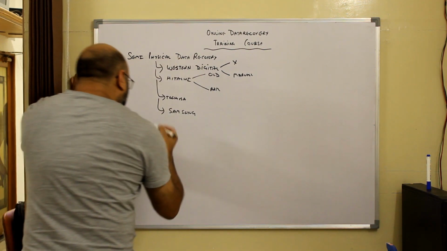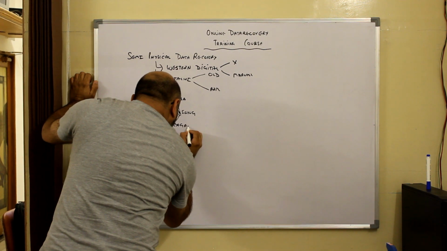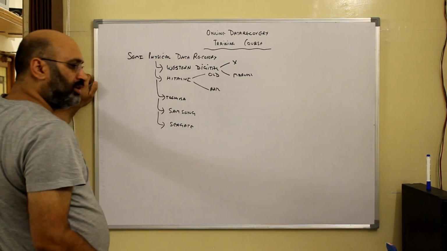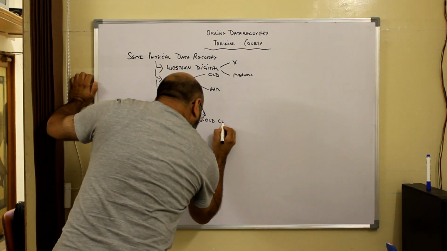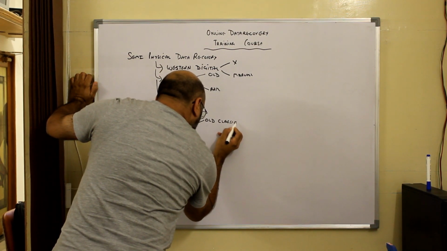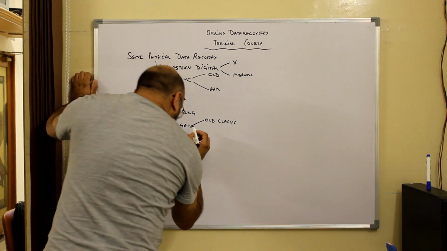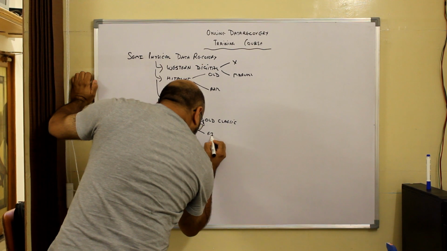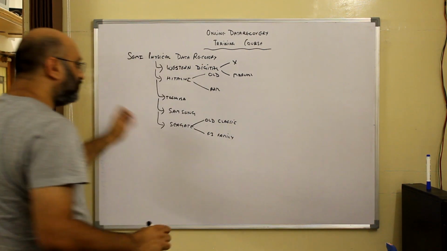In the end we will be covering the Seagate. And in the Seagate we have the old classic family which we will be doing, and the latest F3 family which we will be covering.